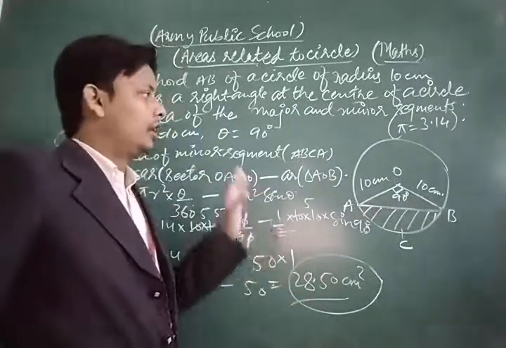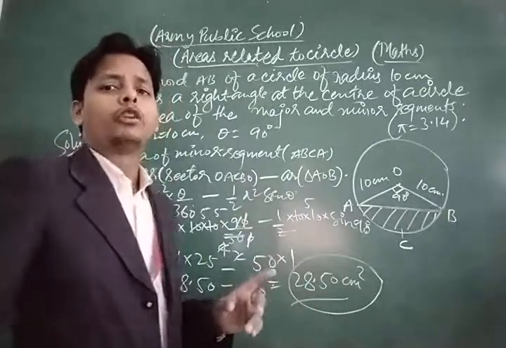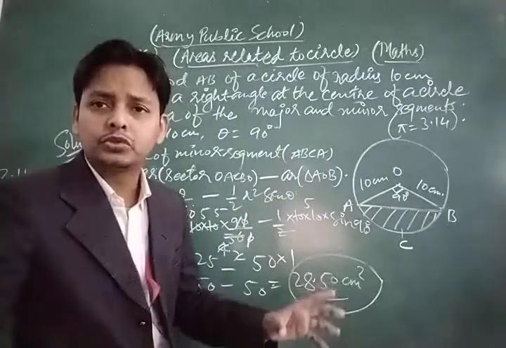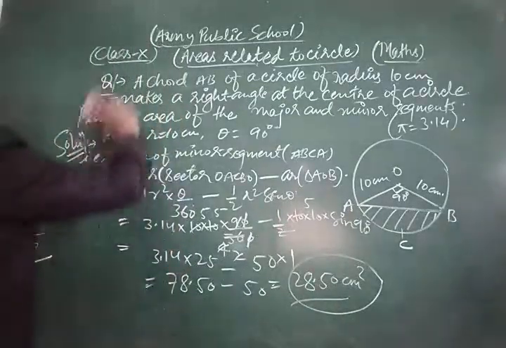Now we also find its corresponding major segment. For finding the major segment, we just use the concept: area of circle minus area of minor segment. Now let's see.